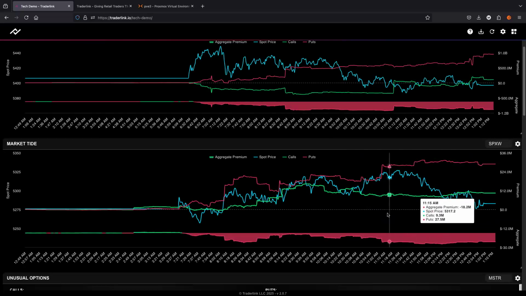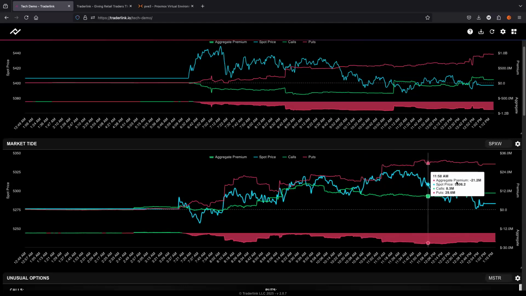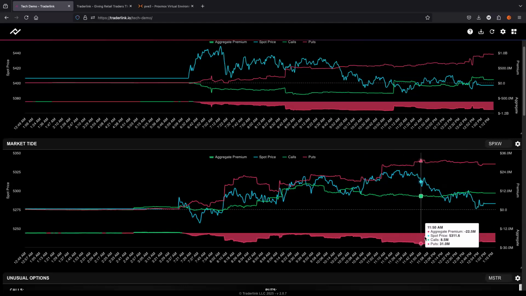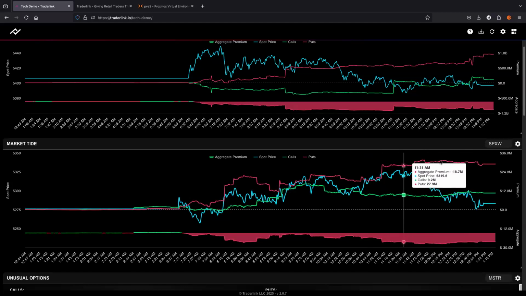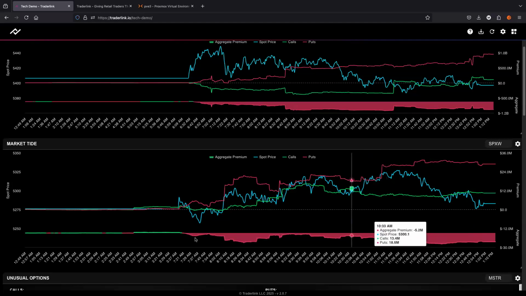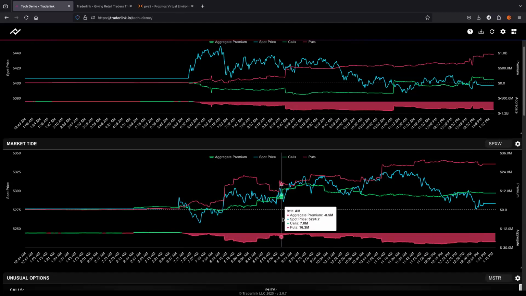So puts kept getting bought and call value, right here on this jump, call value is 8.4 million, moved up to 9, moved back to 8. Calls stayed relatively flat while puts kind of slowly climbed up. And then you can see at the end of the day here that we definitely played out in a more bullish scenario after there's a little bit of lag on the call side, right? So moving in tandem, stayed pretty steady, stayed pretty choppy.